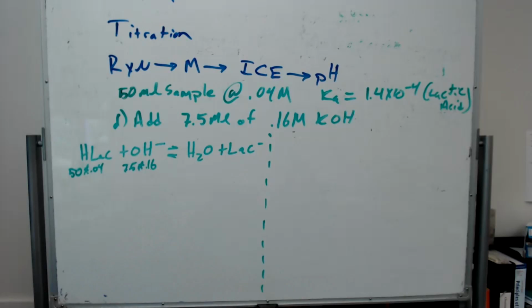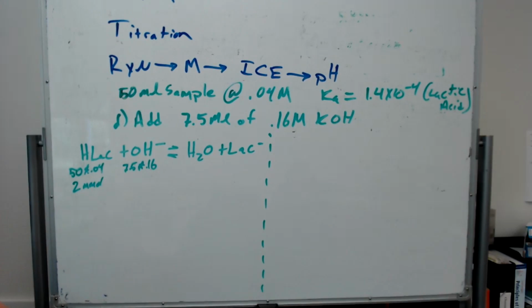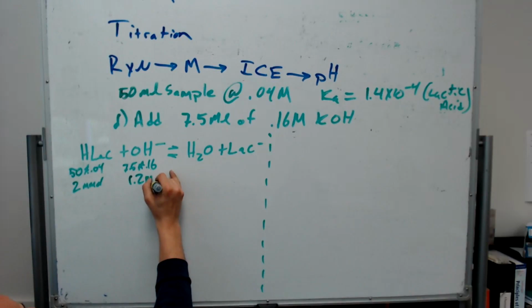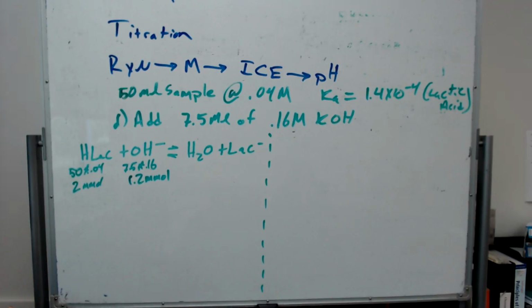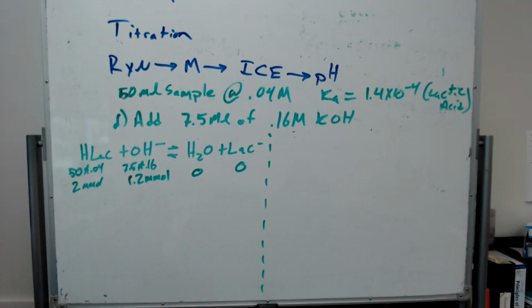We will have 2 millimoles of lactic acid, and we'll have 1.2 millimoles of hydroxide. Starting with zeros here. Again, this was a mistake that a couple people made on the midterm.